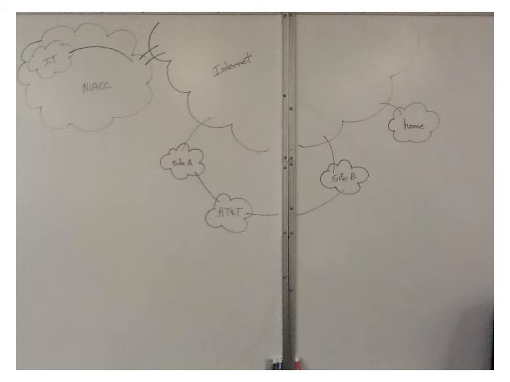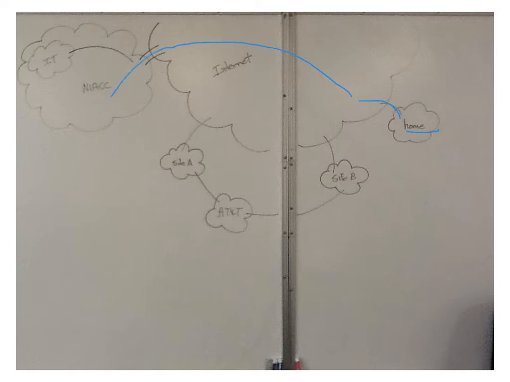So here's the big picture. So we may look at traffic. So I can be at home, I can go into the internet, traffic moves through the internet, and I can go to NIACC.